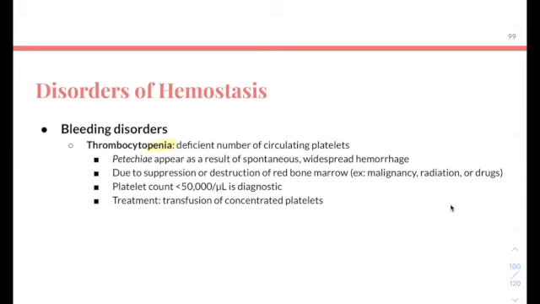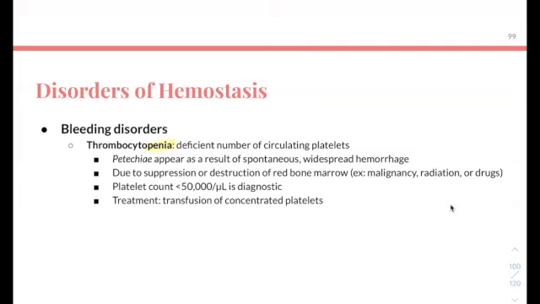So they end up with petechiae, which pop up all over, and they get hemorrhaging, which is internal bleeding.